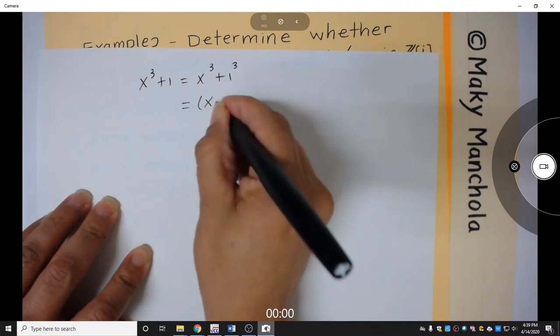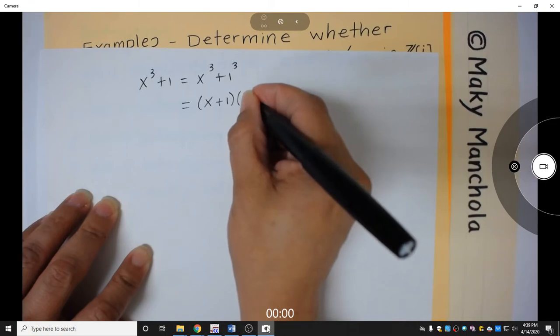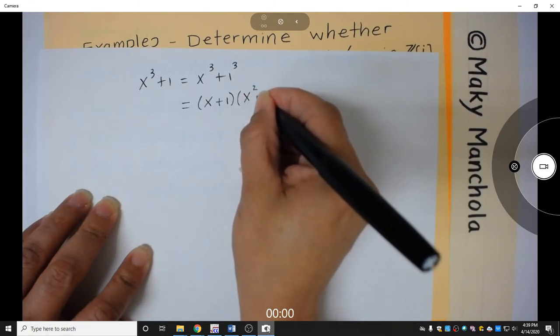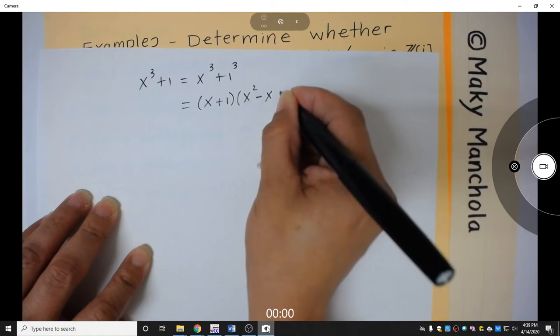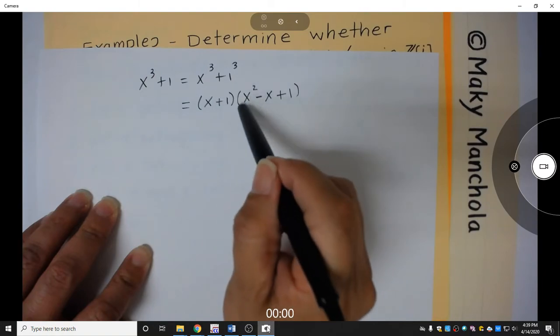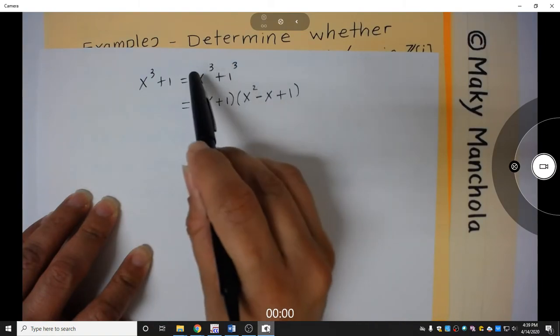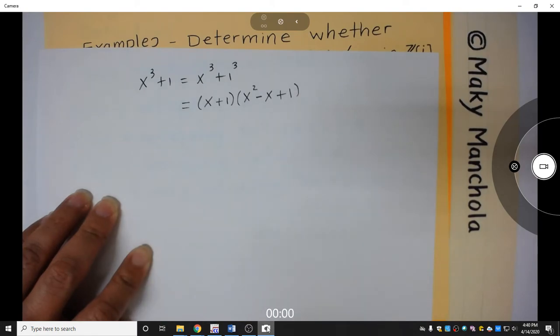So you get x plus 1 times x squared minus x plus 1. So a plus b, a squared minus a times b, in this case x times 1, which is x, plus b squared, which is 1.